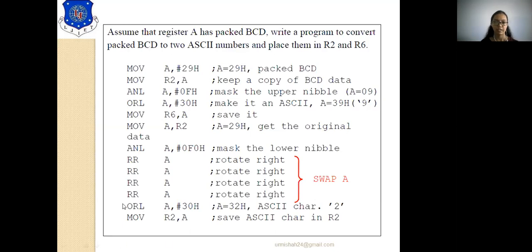You have to follow the instructions given here and check one by one whatever register content is loaded, and finally check whether your BCD is converted into ASCII format or not. The final answer will be saved here in the R2 register. The program has already been given to you in this video. You have to solve this program and check whether packed BCD is converted to an ASCII number or not.